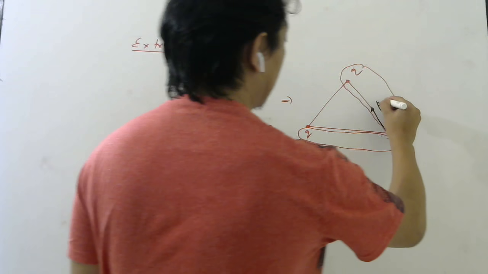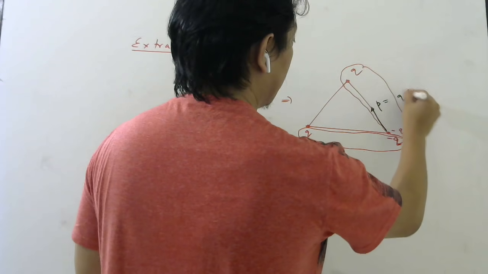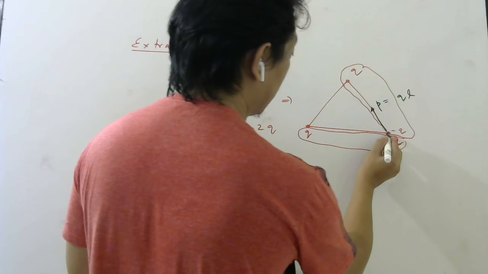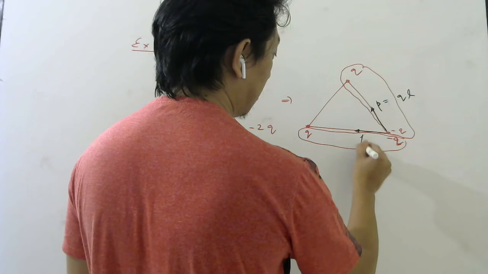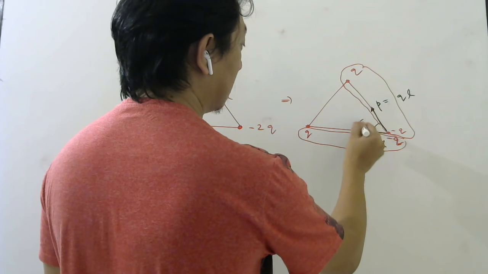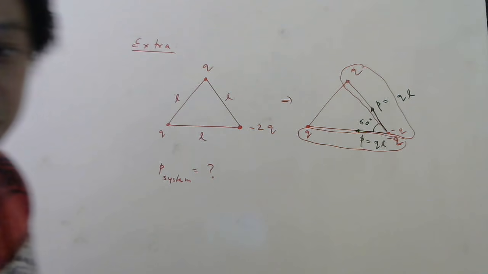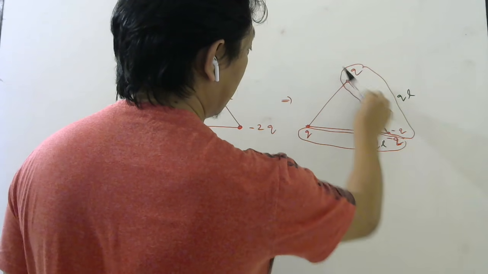What will be the value of the dipole moment? Q into the distance between them, L. Similarly, this minus q and this q will also form a dipole. Dipole moment is from minus q to plus q. This will also be P, q into L. What is this angle now? 60 degrees. So the total dipole moment of this system will be the resultant of this dipole and this dipole.